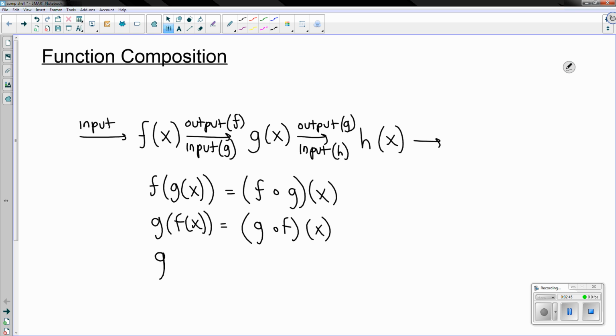Or if we had g of g of x, again, we can chain one function to itself. So alternate notations mean the same thing. We are taking one function and composing it into another. Essentially, we're taking that function and plugging it in to another function. So start with an input, run it through a chain of functions to produce some new output.